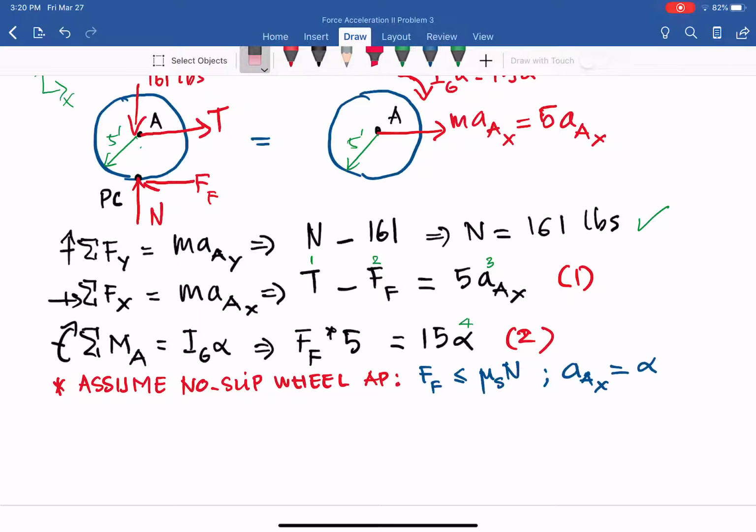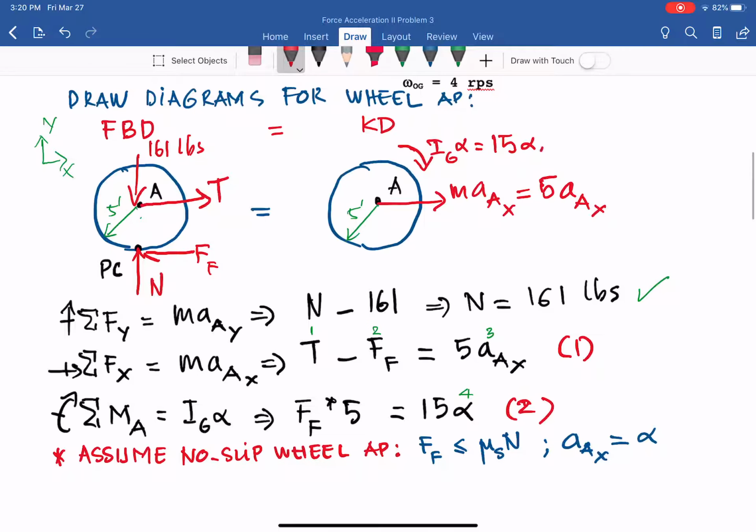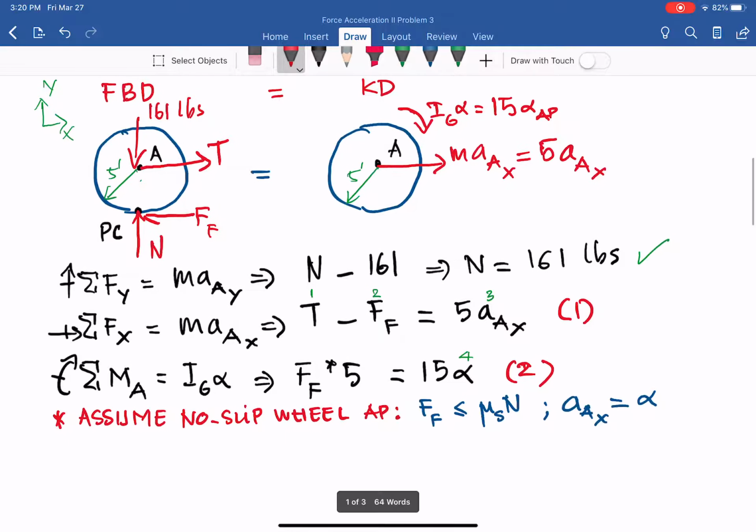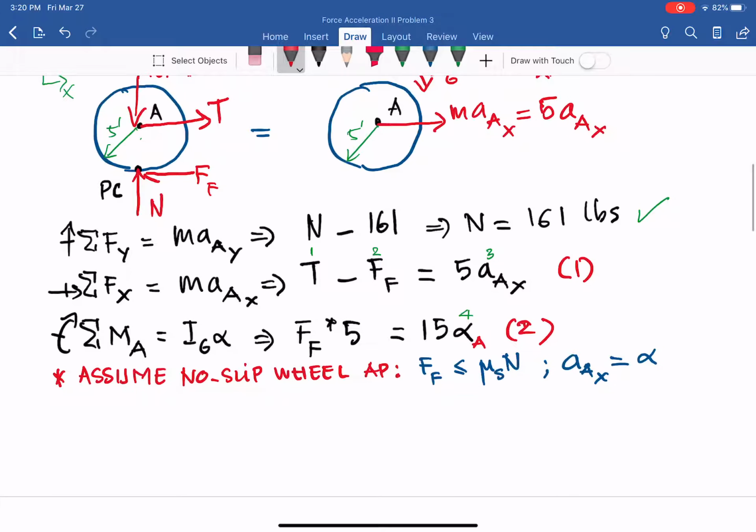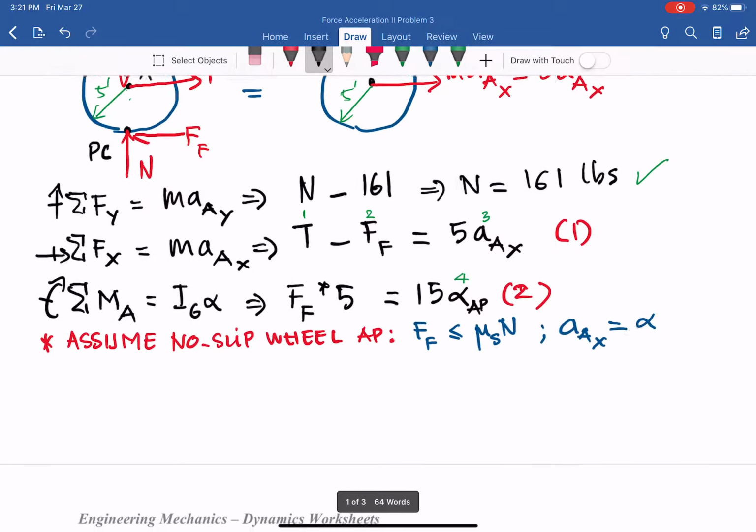In this case, let me put the alpha here because we have 2 alphas for 2 bodies. So let's put the alpha for this body as alpha_AP. Everyone see that? So that one is alpha_AP. It's not the same alpha for both bodies. The angular accelerations are not the same for both bodies.